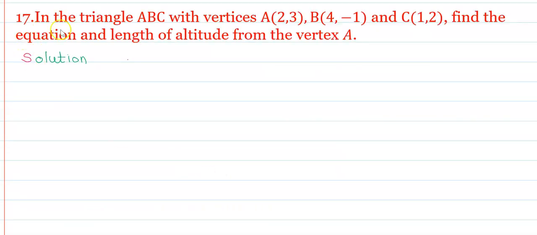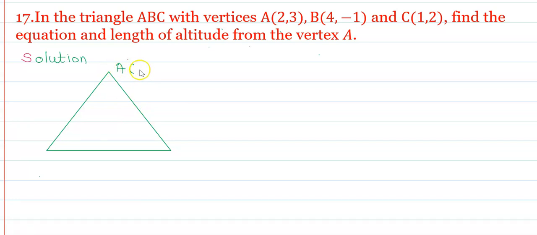Now the next problem: in triangle ABC with vertices A (2, 3), B (4, -1), C (1, 2), find the equation and the length of the altitude from the vertex A. Now see this figure. This is the triangle ABC.